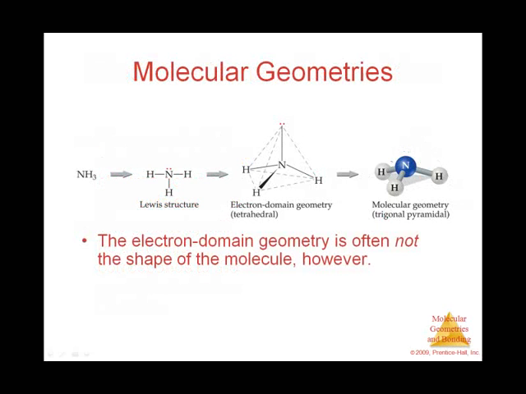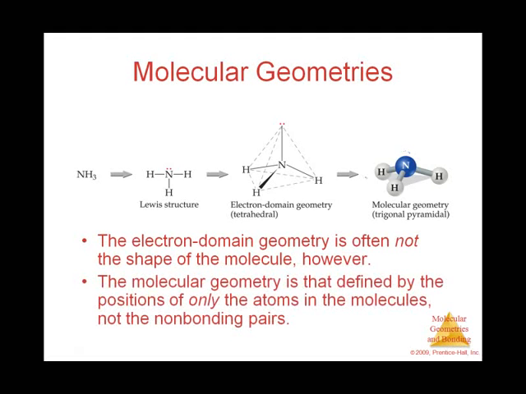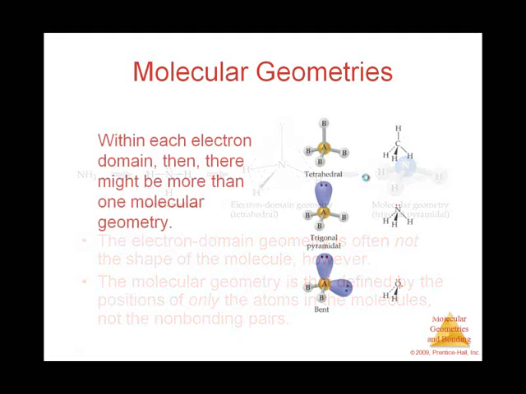So I still have these same separations of these 4 pairs, 1, 2, 3, 4, but because there's no atom up here, I do not have a tetrahedral molecular shape. So molecular geometry is defined by only the atoms in the molecule, not the non-bonding pairs.